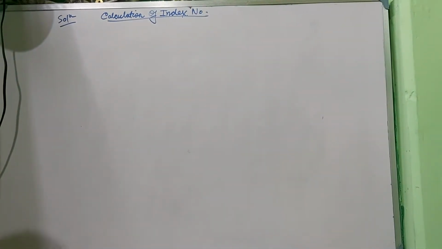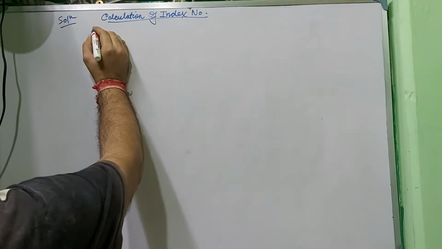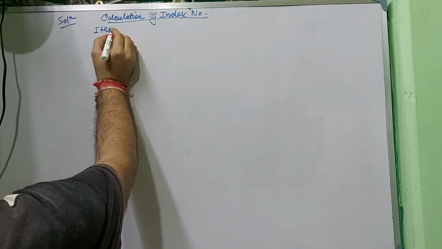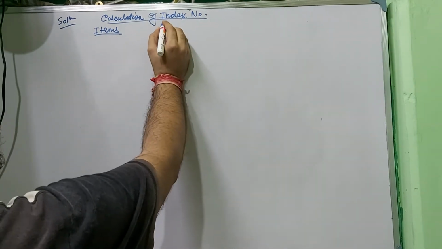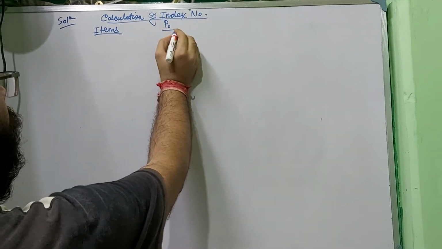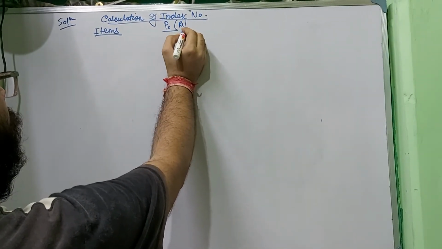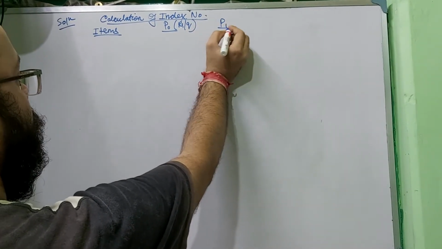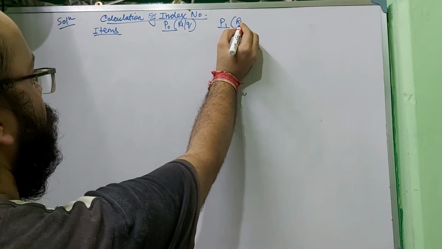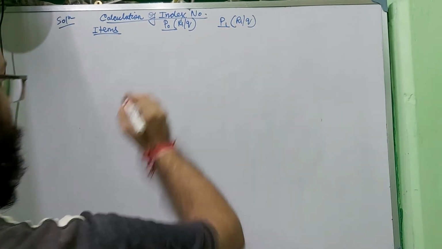The items have been provided. The base year price you should consider as P0, which is rupees per quintal, and P1 is the current year price, rupees per quintal.